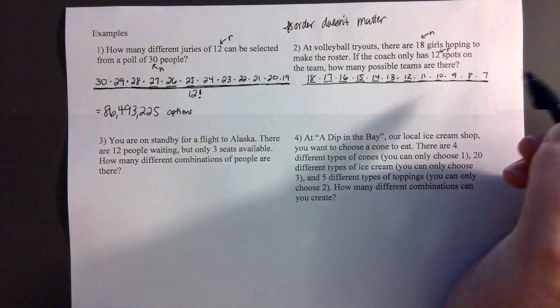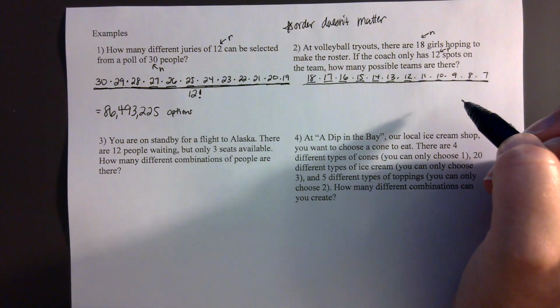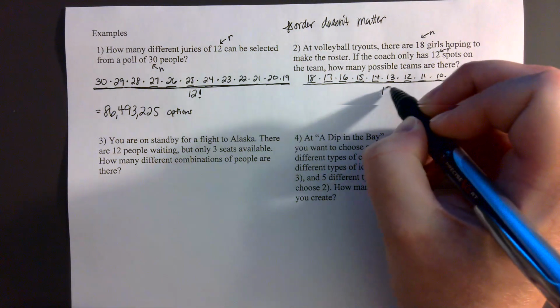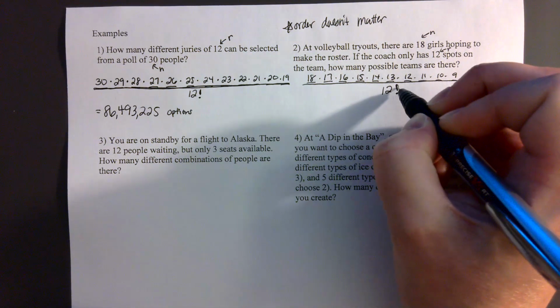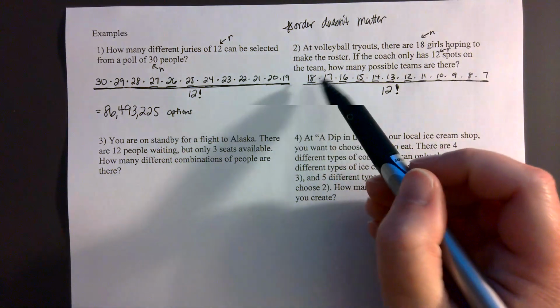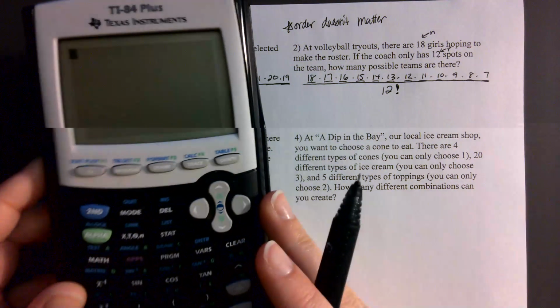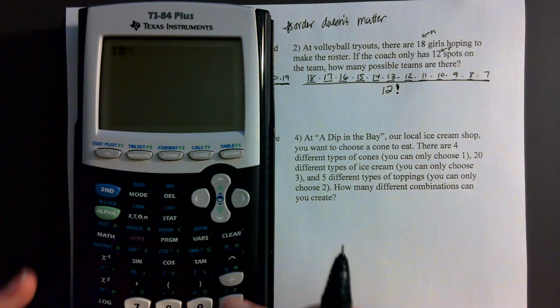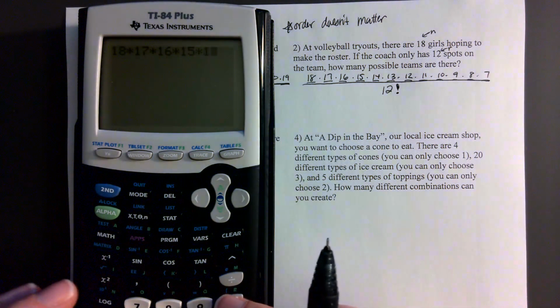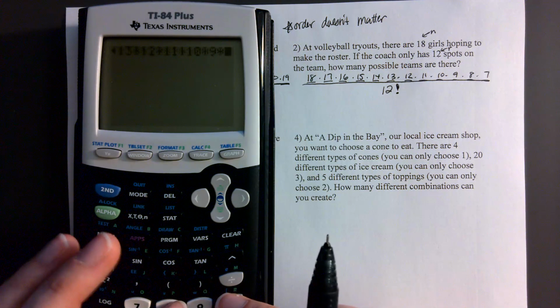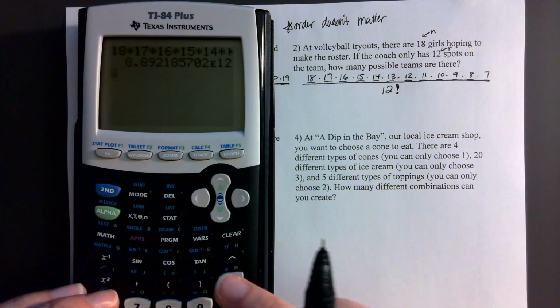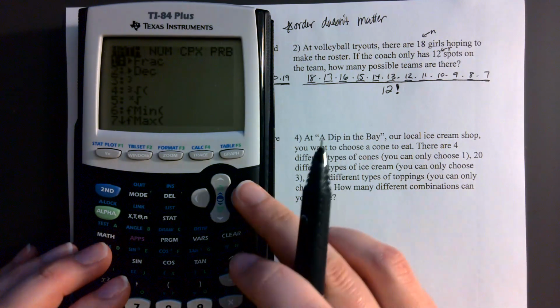So I'm going to divide by the number of spots, 12 factorial, because that first person can be rearranged 12 factorial ways. So I have to divide those out. Once again, in my calculator, I'm going to take 18 times 17 times 16 times 15, 14, and so on, and divide by 12 factorial again.